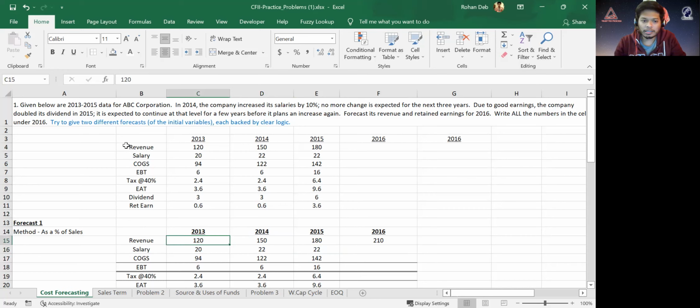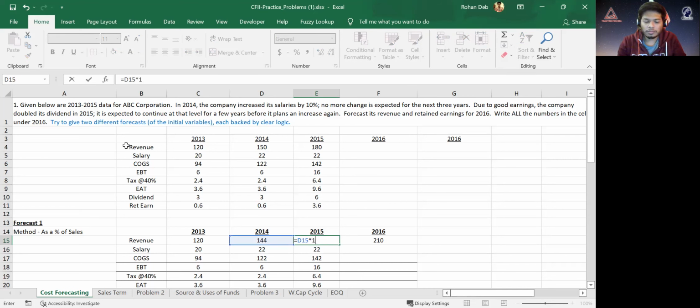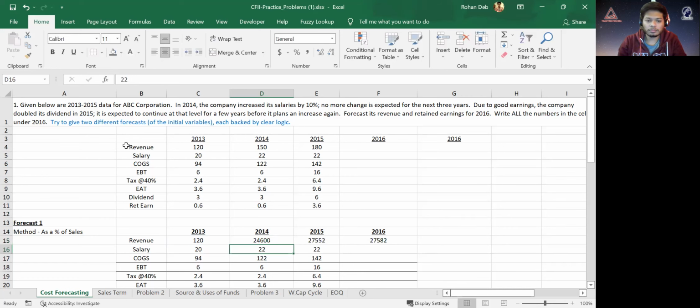It could have been that first year is 120, second year is 144, third year is 172.8.